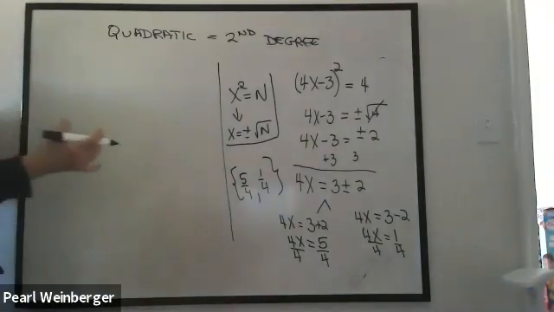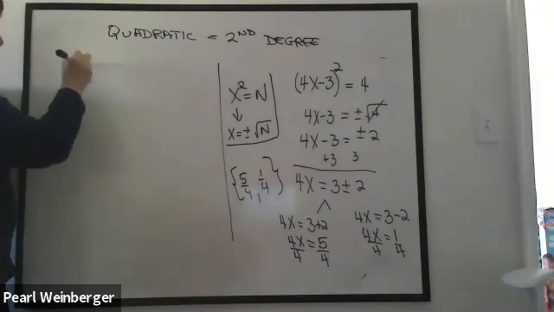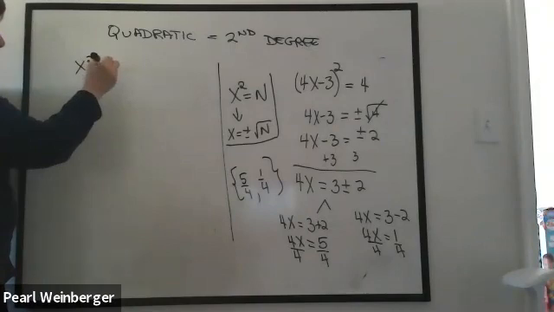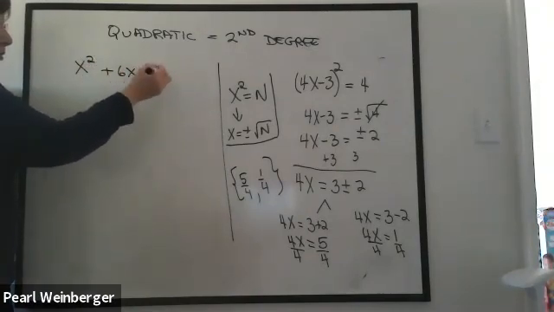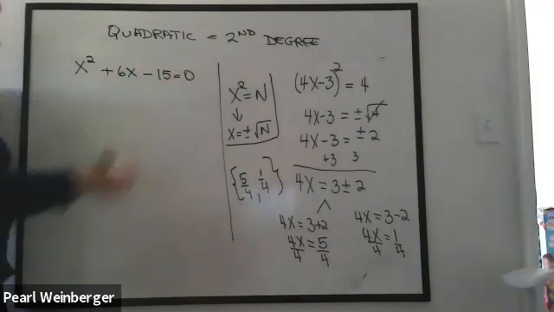What if I just gave you a regular quadratic equation? Suppose I gave you something like x squared plus 6x minus 15 equals 0.